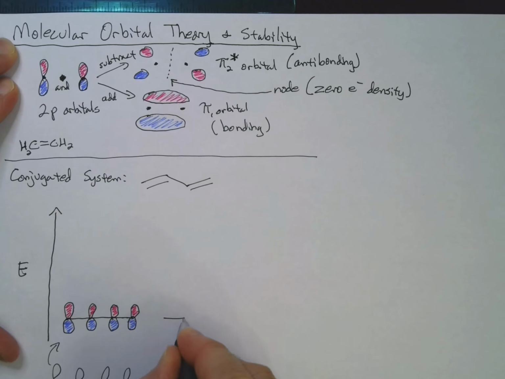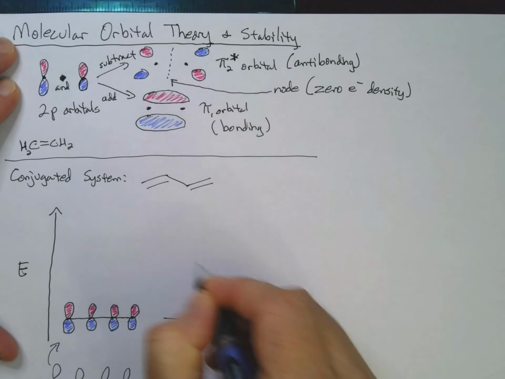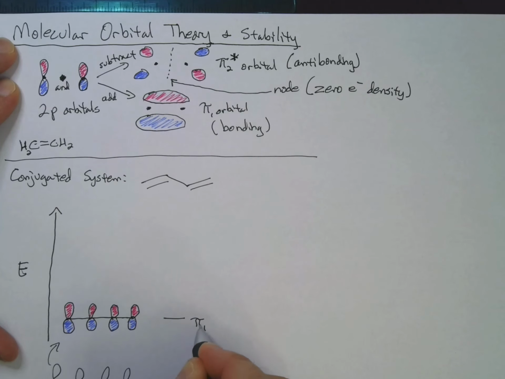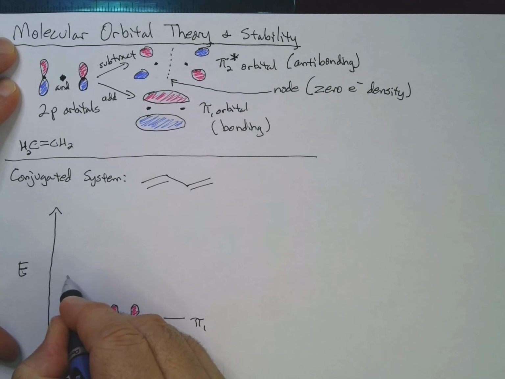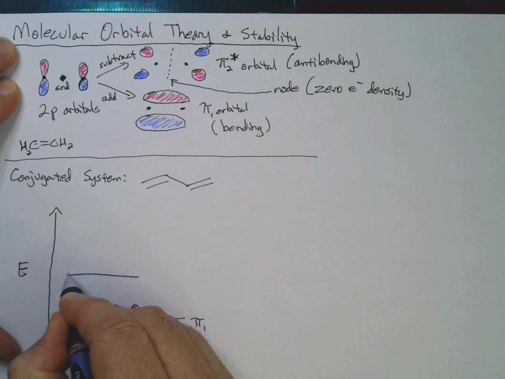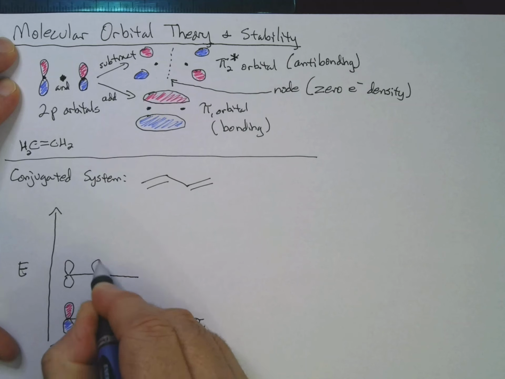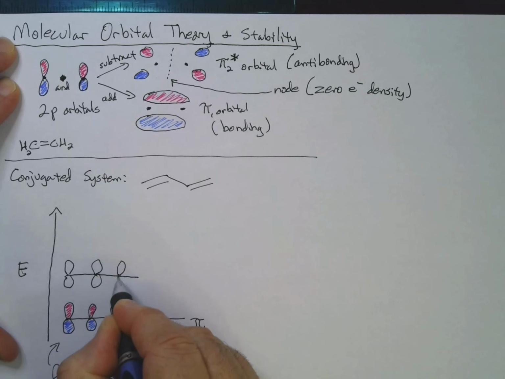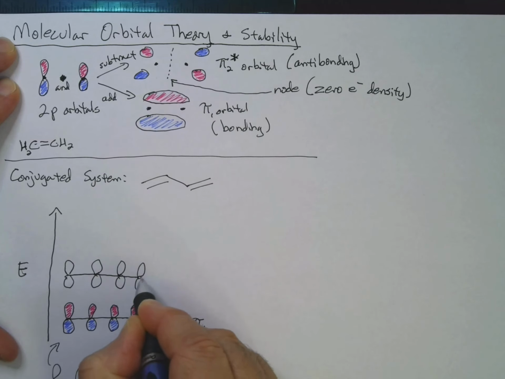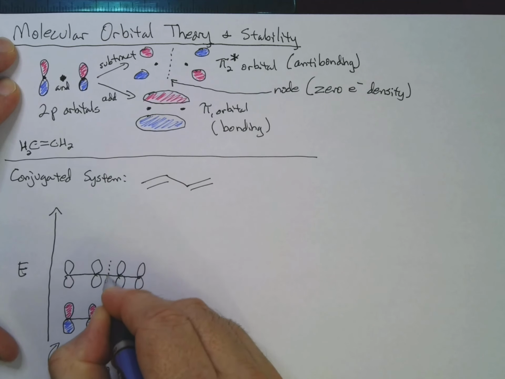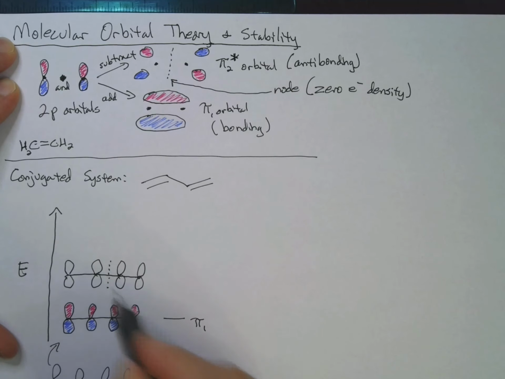And we're going to call that pi 1. And we'll fill in electrons in just a minute. So this is my energy level. I'm calling it pi 1. Now I can go up to the next energy level. And each time I go up, I'm going to introduce a node. So there's my node, the dotted line.